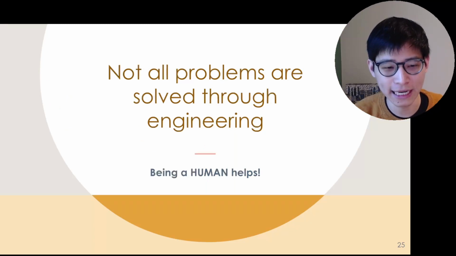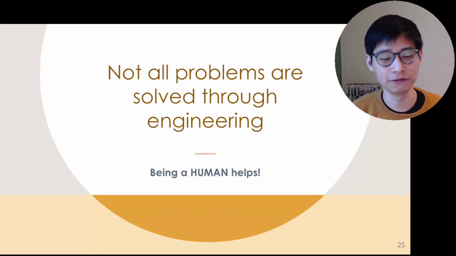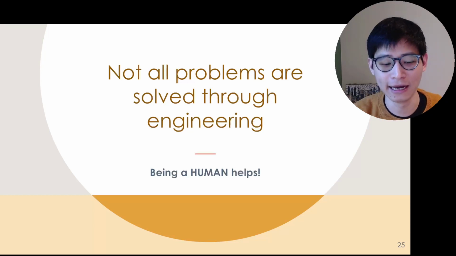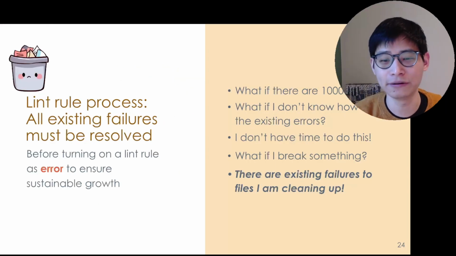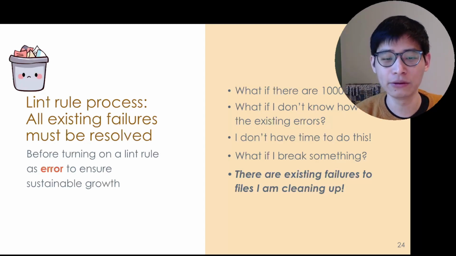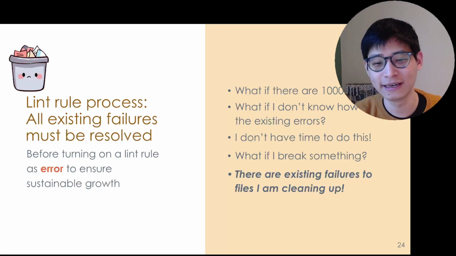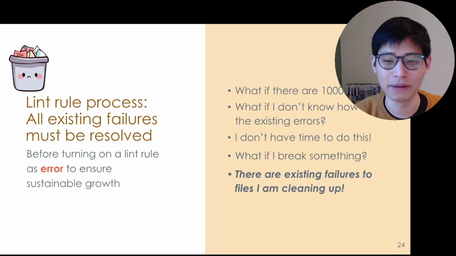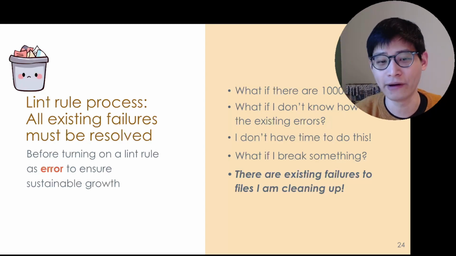So what we found out was that not all problems are solved through engineering. Being human helps. These same issues are faced by engineers working on files that they own, right? So when they're changing something on a file with 100 lint errors, it's the same kind of issues. They might have inherited the file.